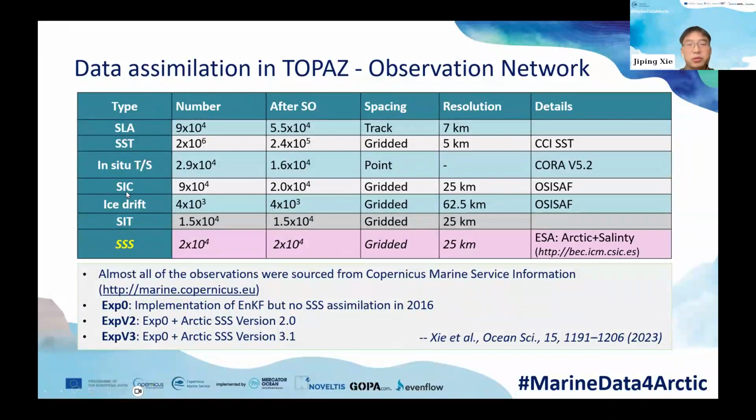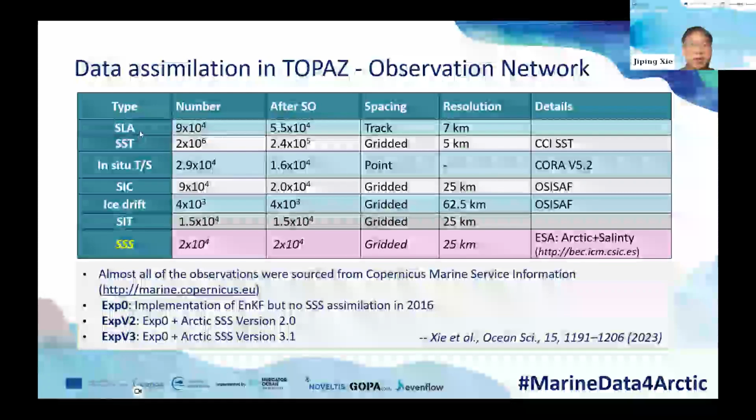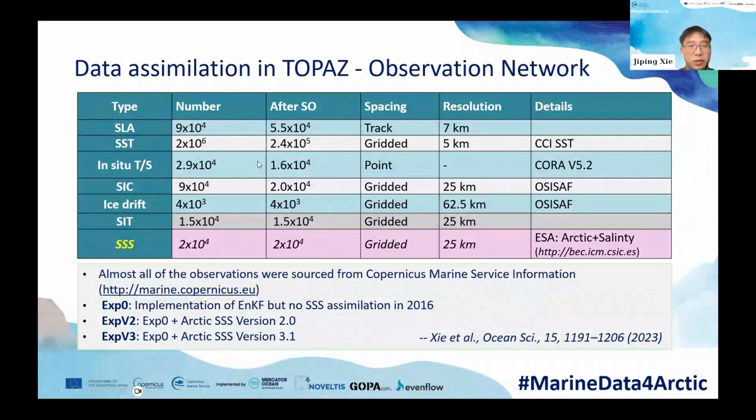All the data are downloaded from the Copernicus Marine Service, and we also use the Copernicus Marine Toolbox. For surface salinity from satellites, we use the ESA project about Arctic salinity, which provides this kind of data.